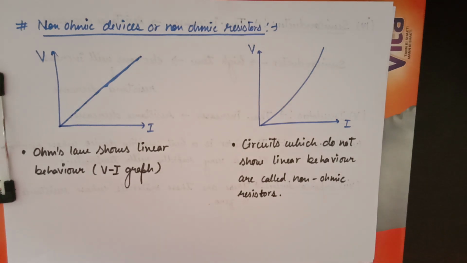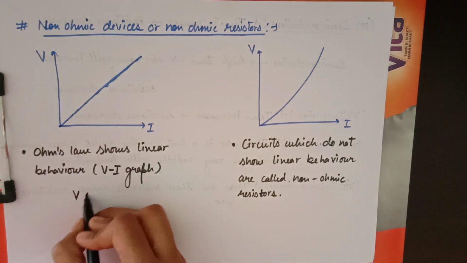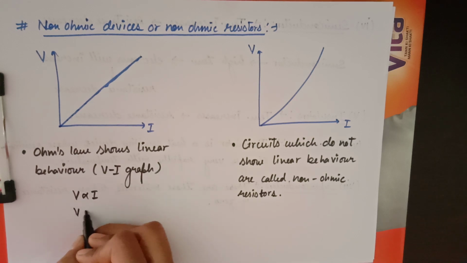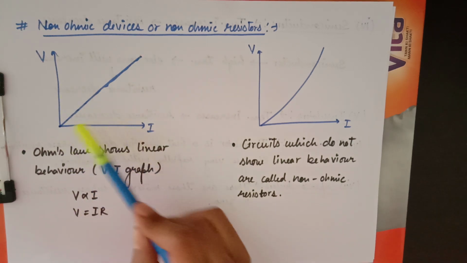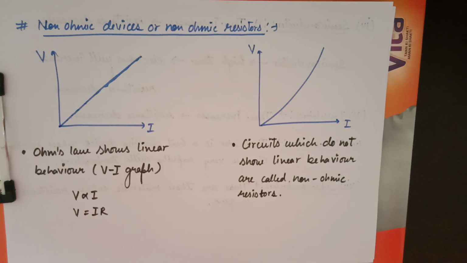Next is non-ohmic devices or non-ohmic resistors. From Ohm's law, you have seen that V is directly proportional to I, or V is equal to IR. Certain devices or circuits show the V proportional to I relation, and the graph comes out to be a straight line in that case.